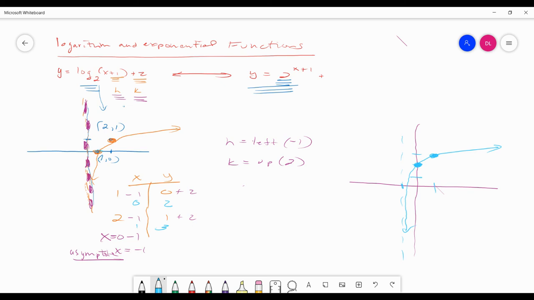Well, our x-intercept used to be 1 and 0. So what is our x-intercept now? Well, that's where our inverse functions come in. So let's go ahead and tackle the algebra on this one.